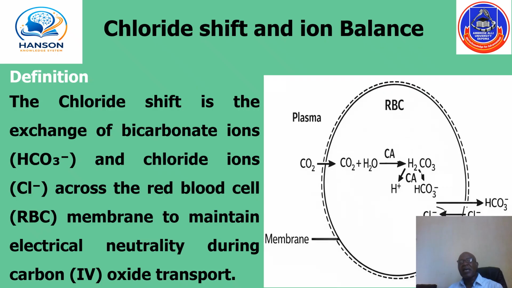CA is carbonic anhydrase that converts carbon dioxide and water to carbonic acid, and CA also splits it into hydrogen ion and bicarbonate ion. Furthermore, the bicarbonate ion is leaving through the cell membrane, and a chloride ion is now entering. As one ion is leaving, another one is replacing it.